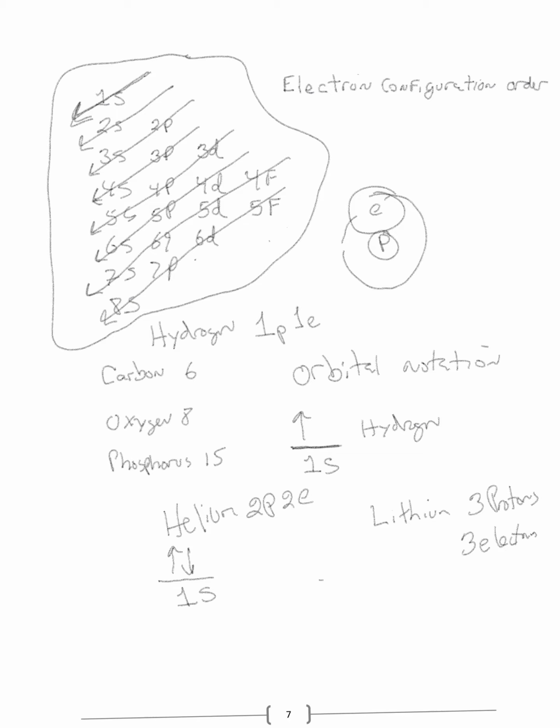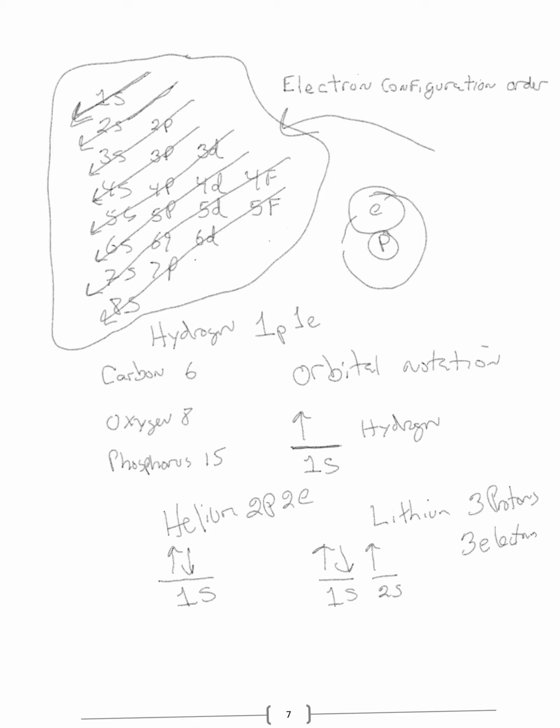Now, if we look at lithium, if it's neutral, it has 3 protons and 3 electrons. So I'm going to put 1s, and it's 2 electrons in the 1s, but that's full now. I can only fit 2 electrons in the 1s. So I'm going to go back up here to this diagram, and you can see that the next one I fill is 2s. So I'm going to put another line here, 2s, and I only have to add one more electron.